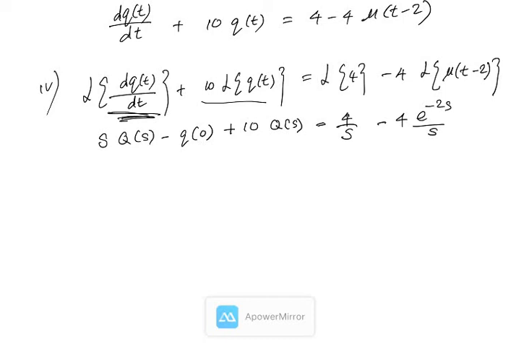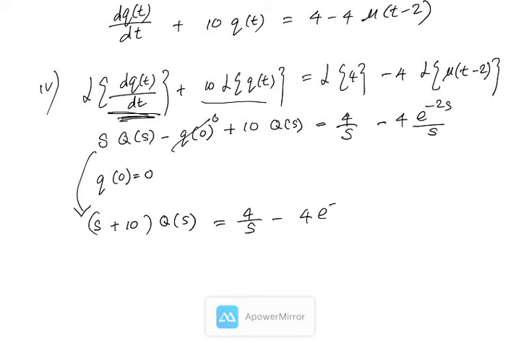Given q(0) equal to 0, so (s plus 10)Q(s) equal to 4 over s minus 4 e to the power negative 2s divided by s.